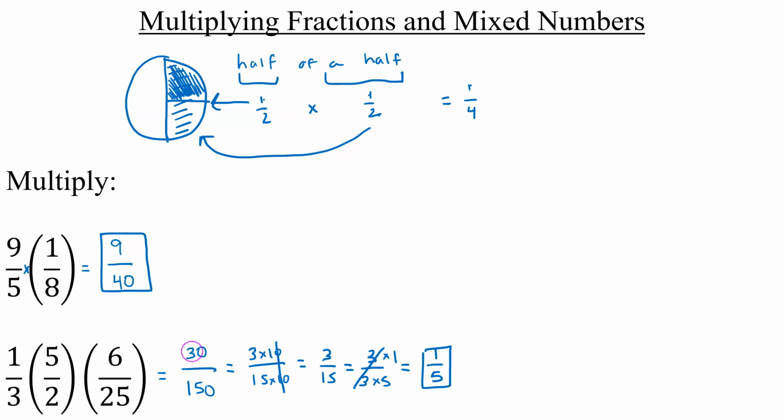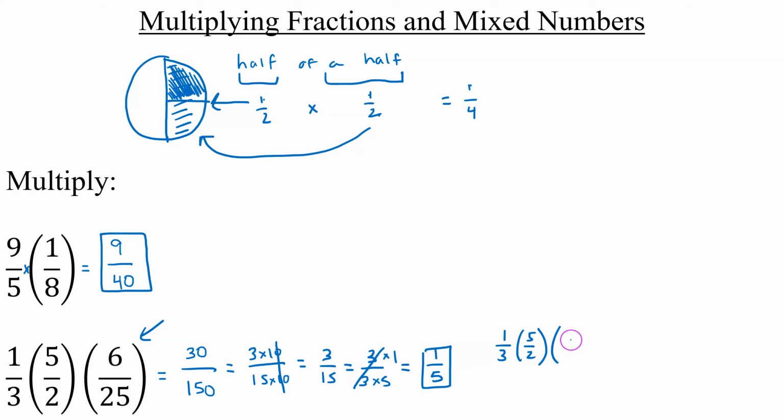Now there's another way to approach this problem in particular that might have made this simplification step easier at the end. Rather than pulling out terms we could cancel after we got our fraction, we could have done that in the beginning. So 1/3, we really can't do anything about that. Same with 5/2, we can't really change anything about that.